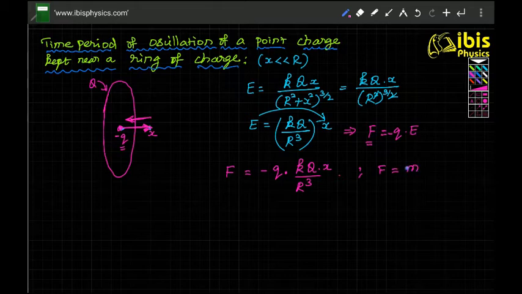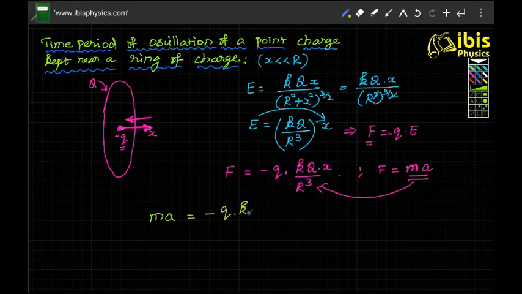Here the force acting on the point charge is equal to the mass of the point charge into acceleration. So this electric force alone is producing this acceleration. Then m a is equal to minus q into k q by r cube into x.